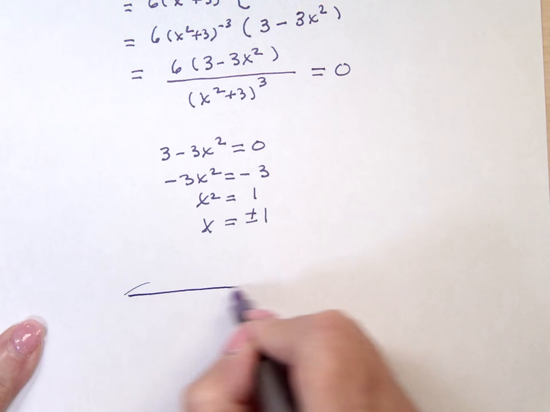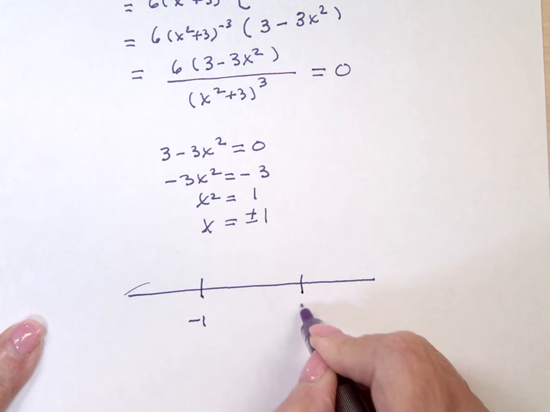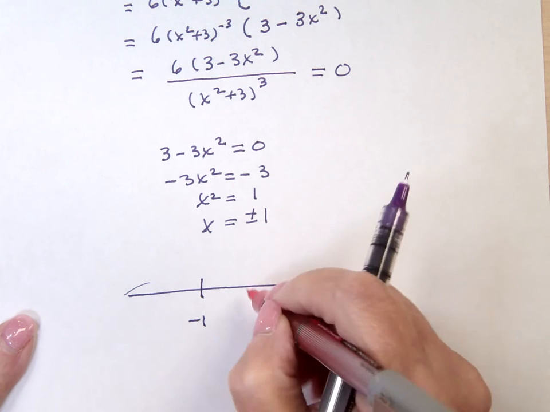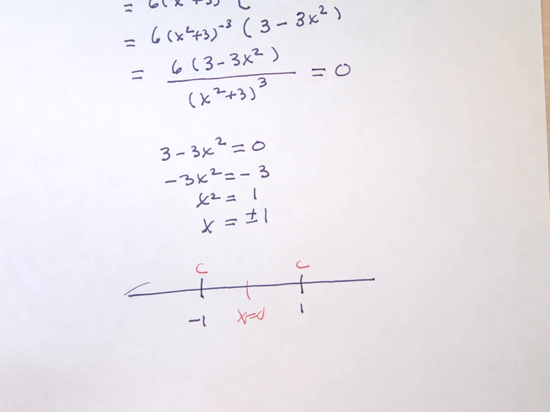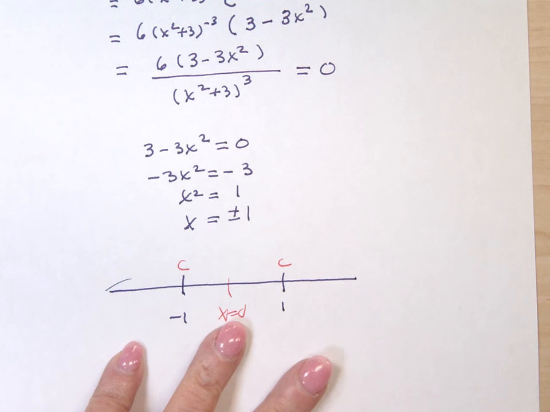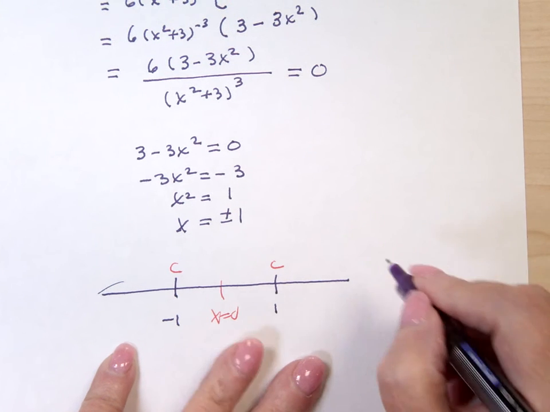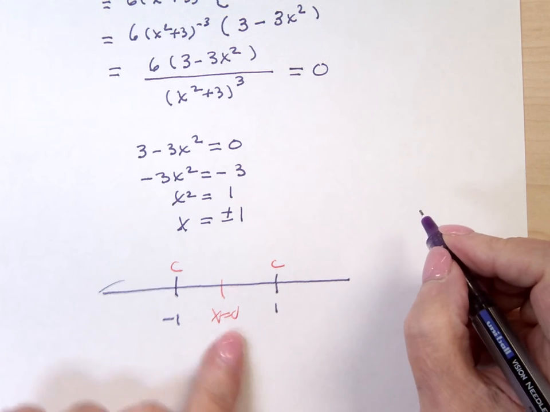So then on my number line, I have negative 1 and 1. So I can choose x equals 0 as a test. It's a change across, so I know they are inflection points. So I need to go back to the derivative and put in 0.